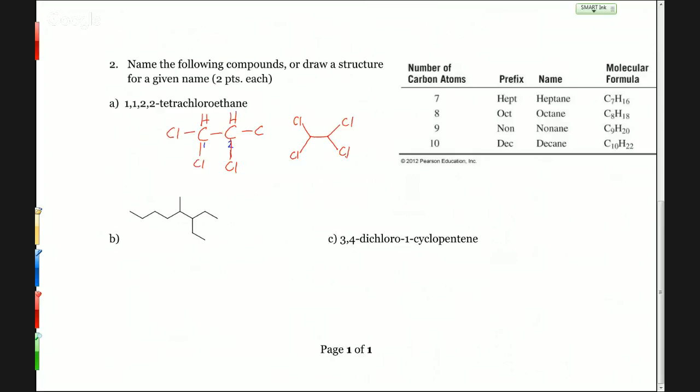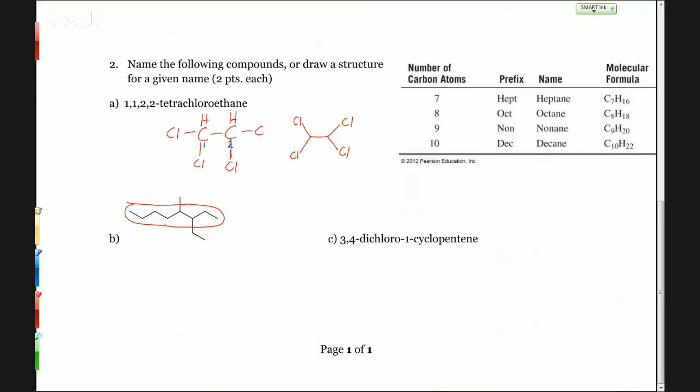All right, so for this next one, we have to come up with a name. We're going to find the longest continuous carbon chain, which in this case is the one that's straight across here. We also could go down like this. It's the same number. We'll just stick with the most obvious one. And then we're going to number it. Now we have to decide if we're going to number it from left to right or right to left.